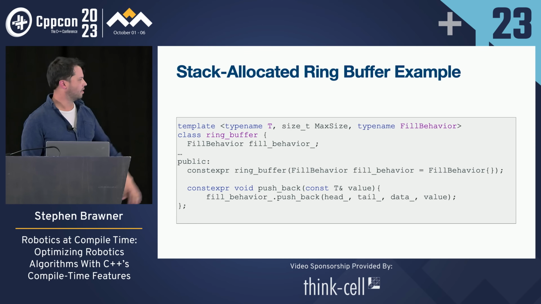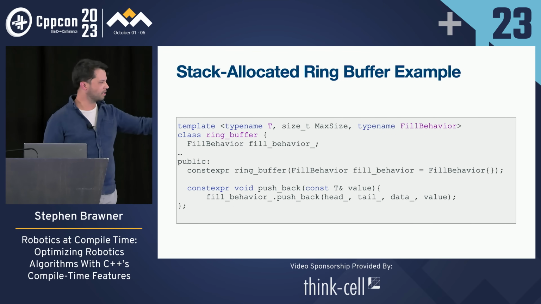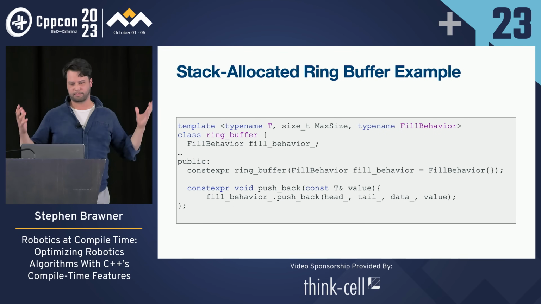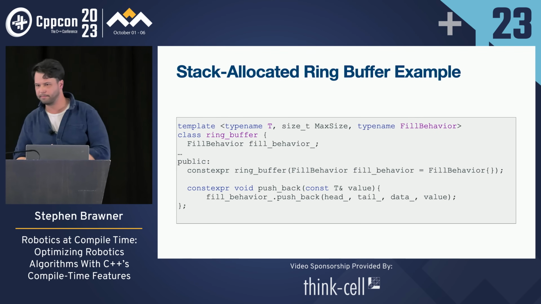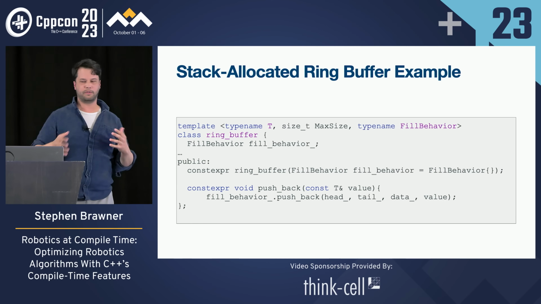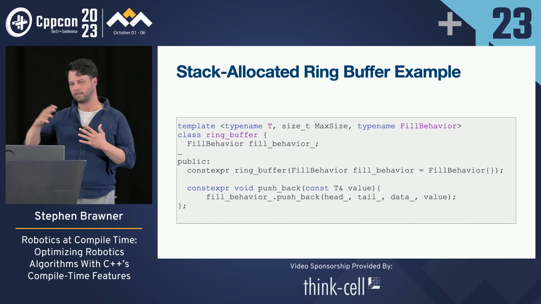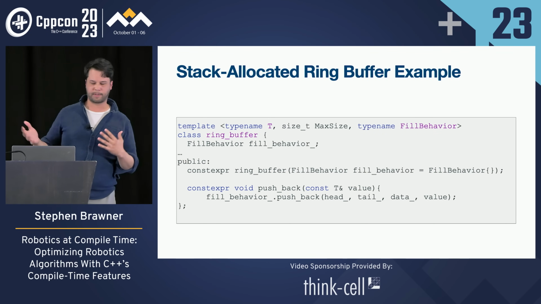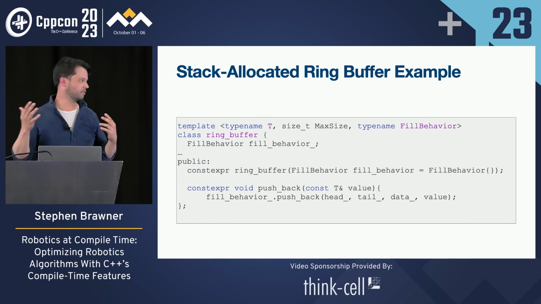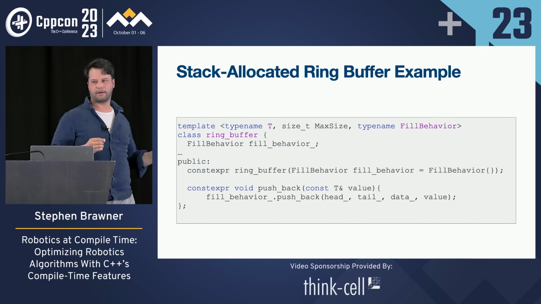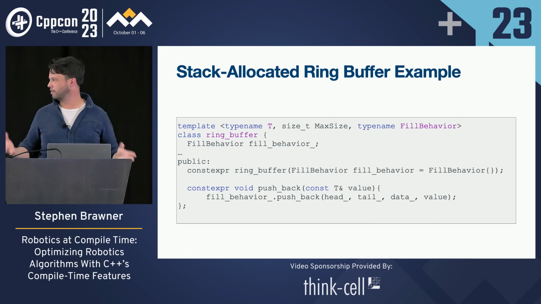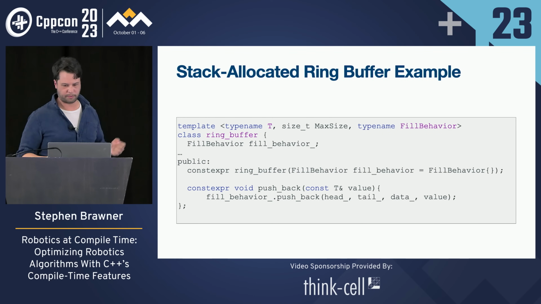And so now pushback will just call this fill behavior pushback. In that way, if it's going to drop items because you need to preserve the first parts of this ring buffer, or if you want to overwrite because you're just continuously going, this just happens. There are no errors, the behavior is expected, and you can just work with this.